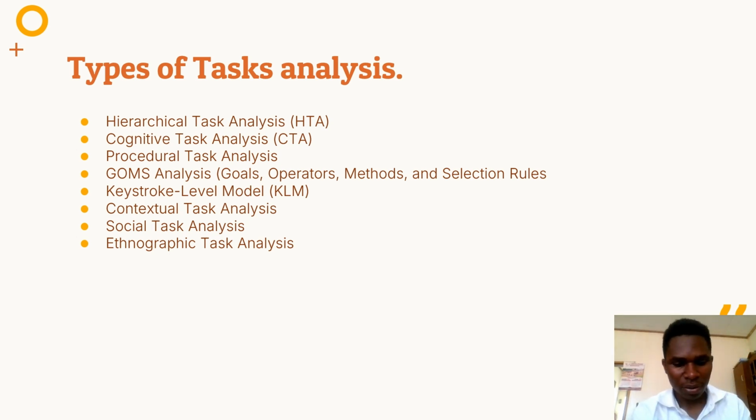It breaks down into the individual strokes and mouse actions required to complete them. Okay, for this one, we go into details of the goals, of the operations or tasks. We go into detail at the methods and also the selection points, the selection rules.